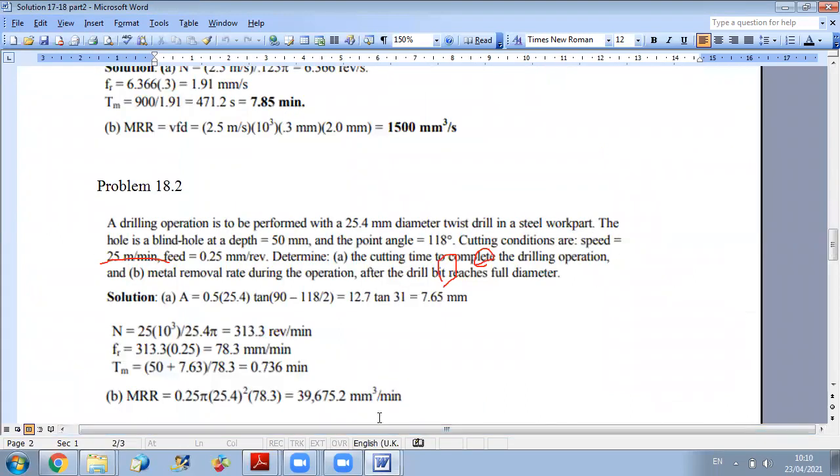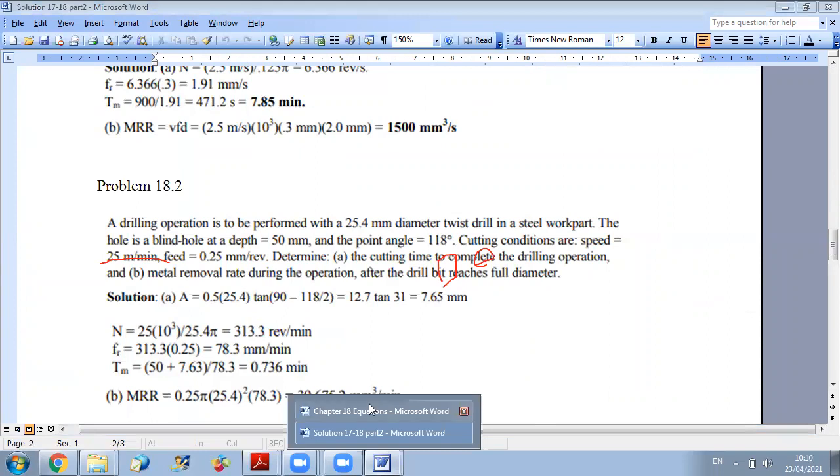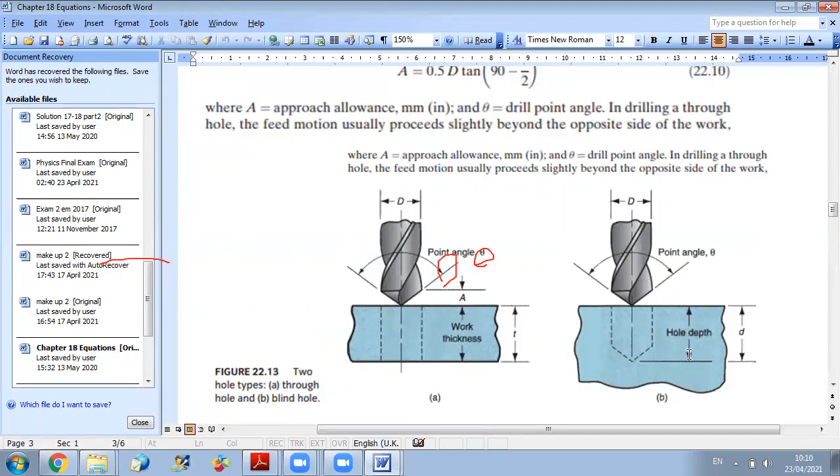So since we have a blind hole, then we are in the scenario in part B. Depending on the scenario, what will change is the value of the total length, because when you have a through hole, the total advancing length of the tool should be A plus the thickness, while in case of a blind hole, I should just add A to the depth of the hole.